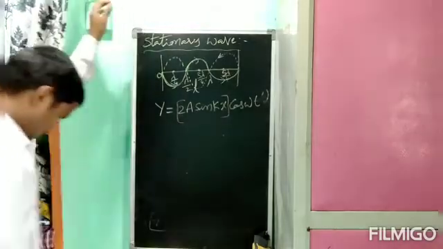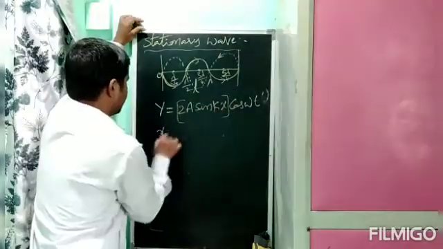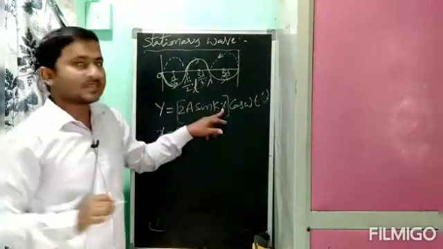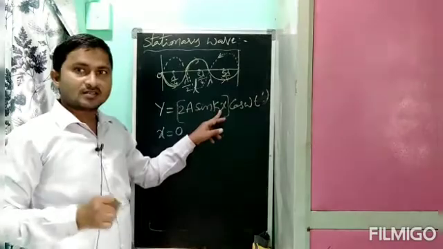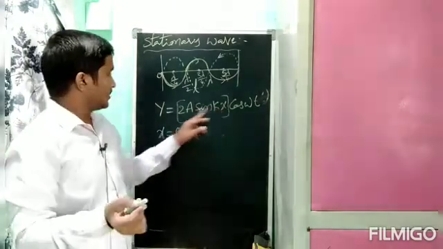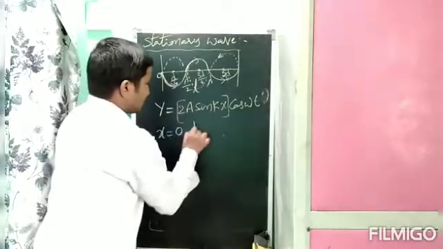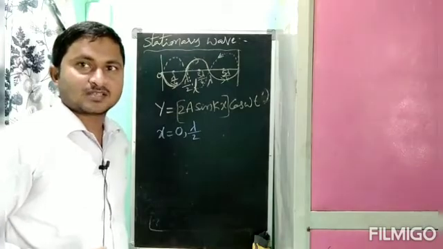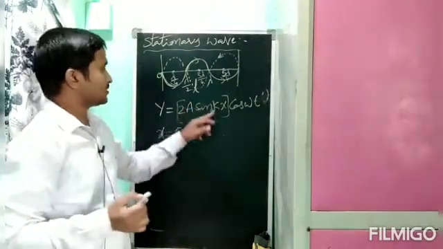Now if you observe, at x equal to 0, sin 0 is 0, so the resultant amplitude becomes 0. Similarly, at x equal to lambda by 2, which means 180 degrees, sin 180 is 0, so the resultant amplitude becomes 0.